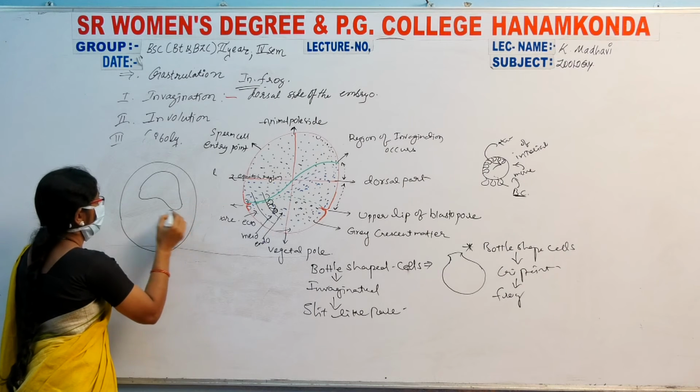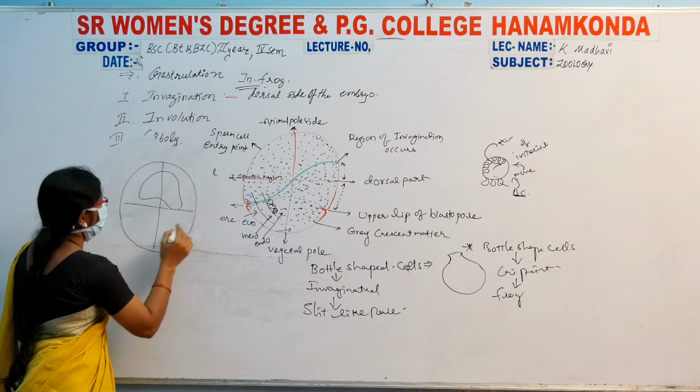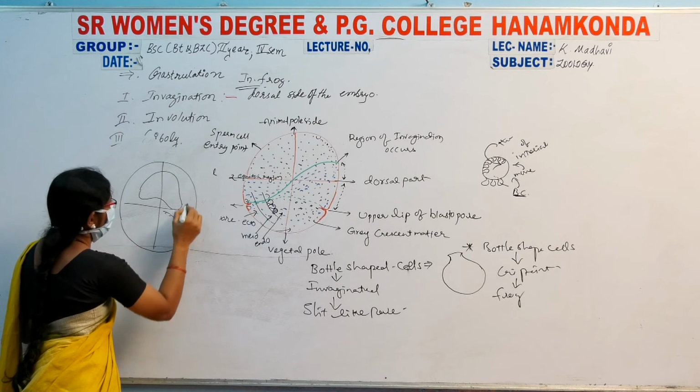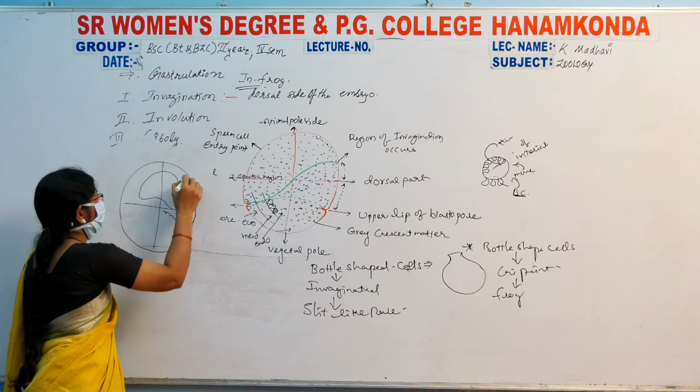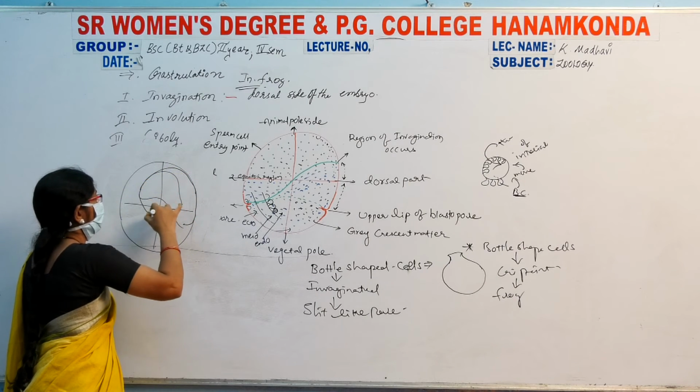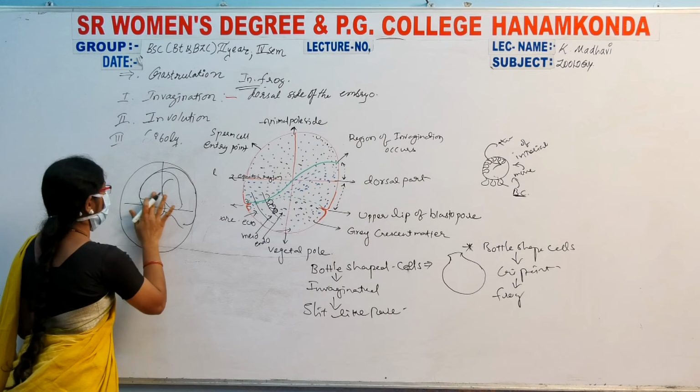The cells are just beneath the equator region, the gray crescentic matter. This region shows a small presentation and it penetrates inside, right?